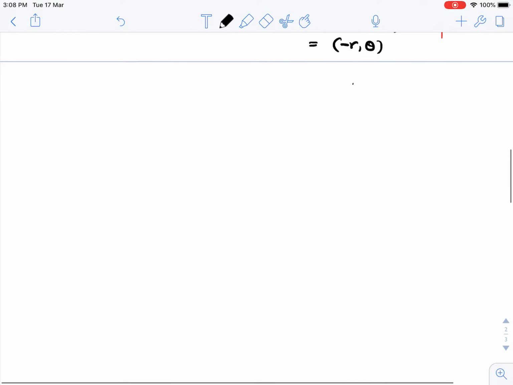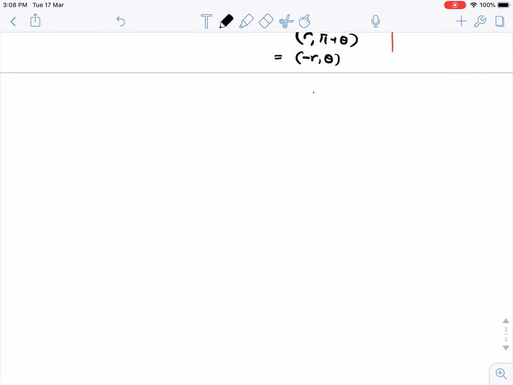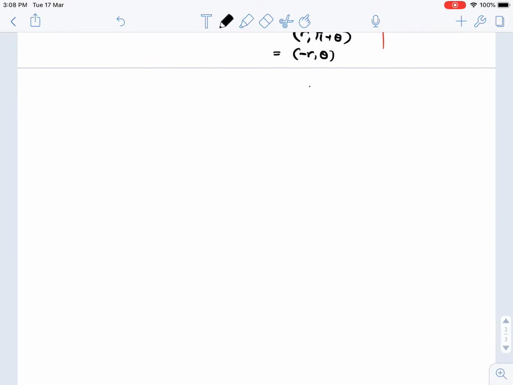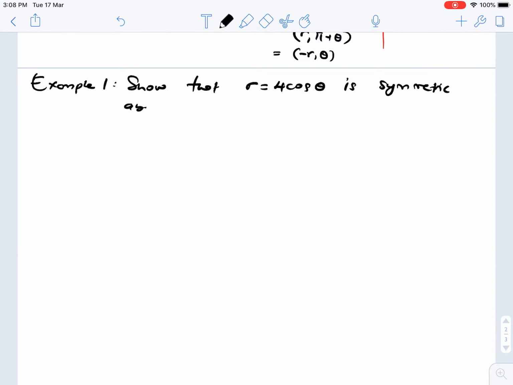Okay, so let us do some examples on symmetric tests. Example 1. Show that r equals to 4 cos theta is symmetric about x-axis.